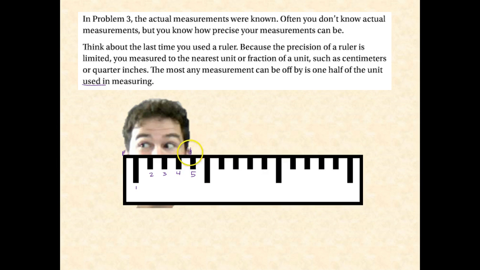So if I say that's 5 units, what's the most I could possibly be off by? The most I could possibly be off by is a half a unit, because anything from here over, I'm going to round to 5. Anything back here, I'm going to round to 4. So the most you can ever be off by is a half of the unit you're using to measure.